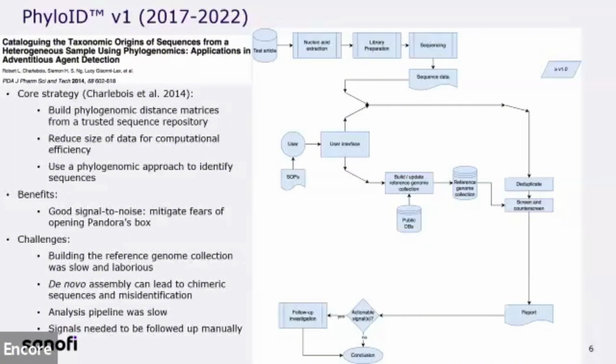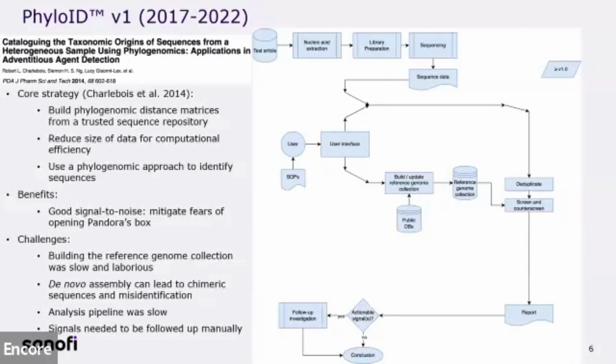The challenges were to build the reference genome collection and produce these phylogenomic trees. This was excruciatingly slow and laborious. You'll see how when there's a challenge on the bottom of the slide, you'll see it'll be fixed in the next slide. The de novo sequence assembly could theoretically have led to chimeric sequences and misidentification.